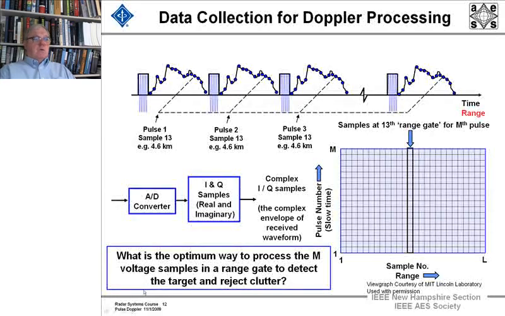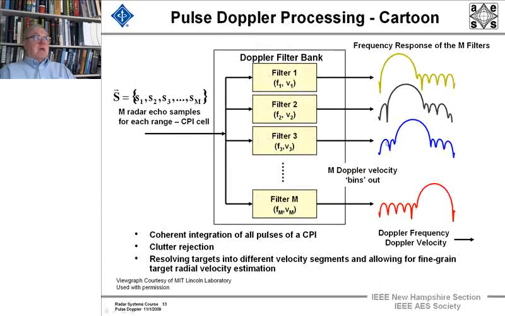And what we want to do is ask, what's the optimal way to process the M voltage samples in a range gate to detect the target and reject the clutter? This is how we do it in a generic sense. We've got this set of M complex samples coming in, and we send them through M different filters. These filters are characterized by a set of weights, and there'll be an output from each filter.